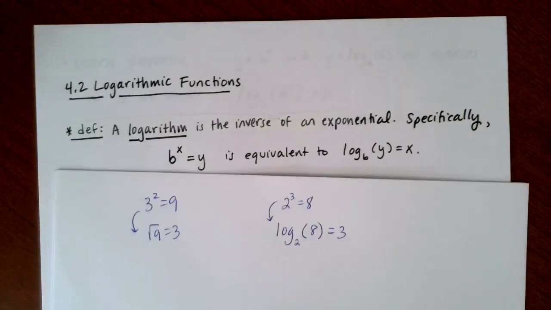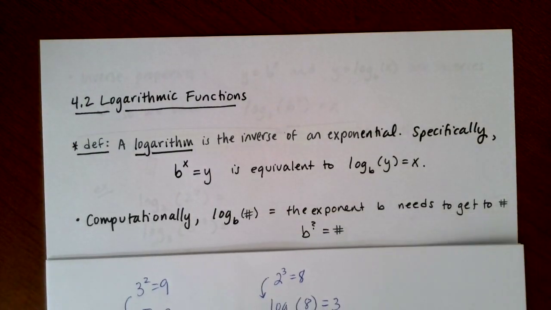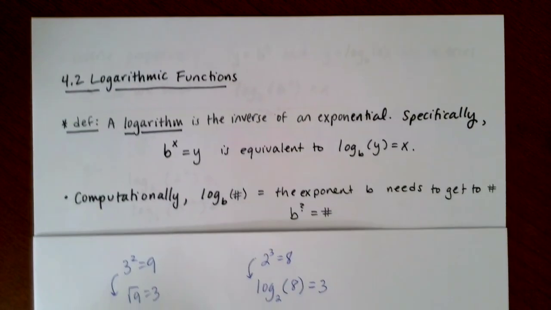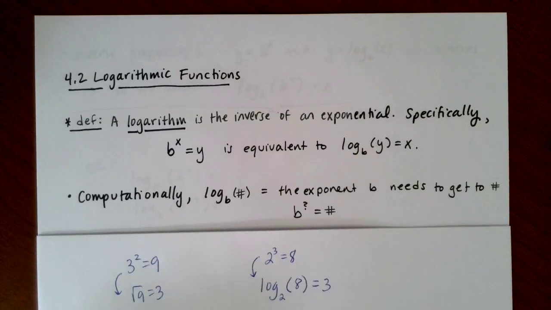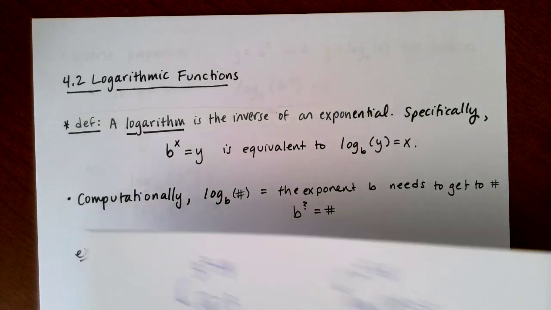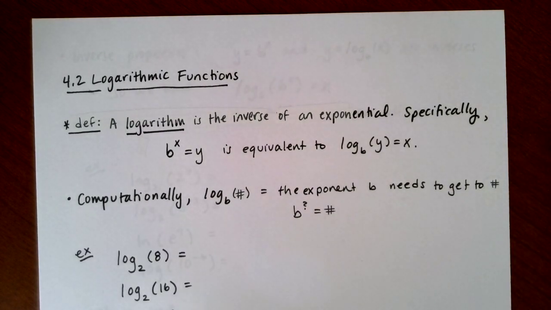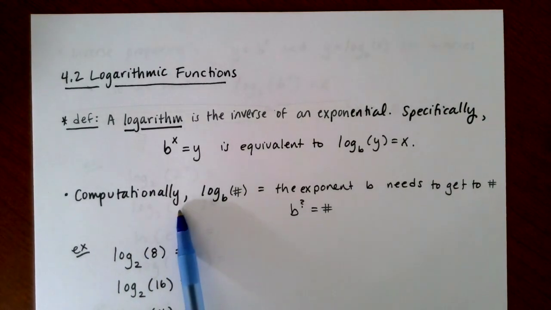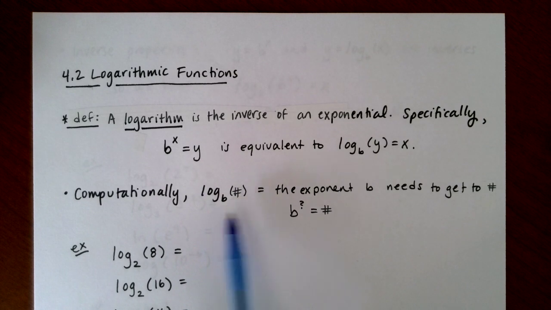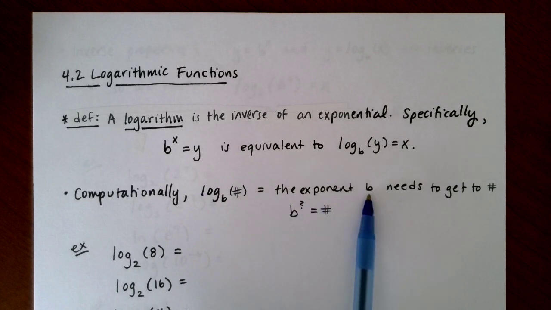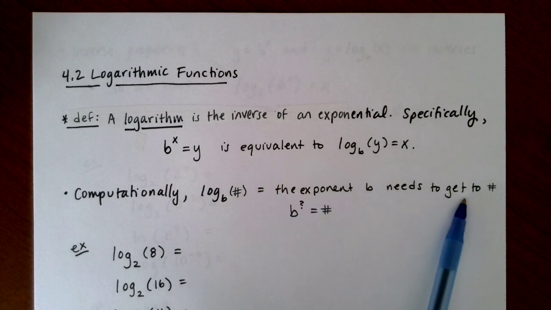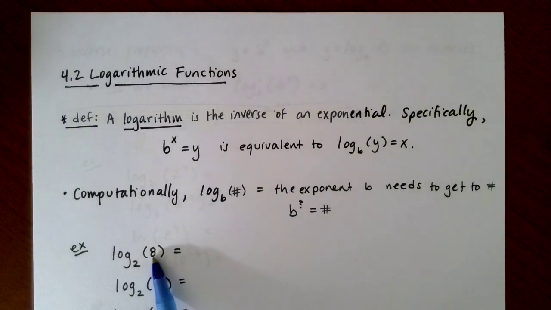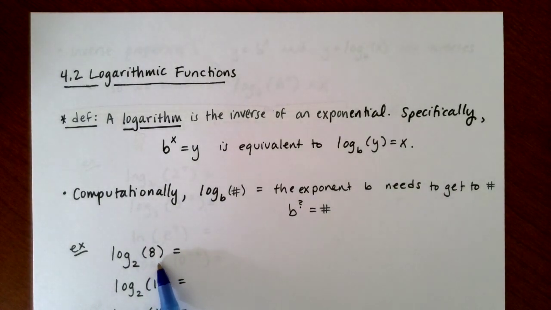Okay, so we're going to focus computationally for now. What I mean by that is we're going to be given logarithms to compute. And you can see a few examples below here, right? So compute log base whatever of whatever. We want to interpret that as the exponent that the base b needs to get to whatever number we're seeing inside the parentheses.